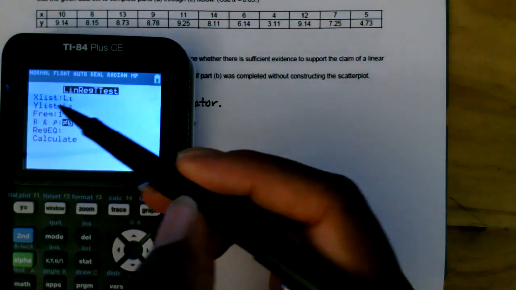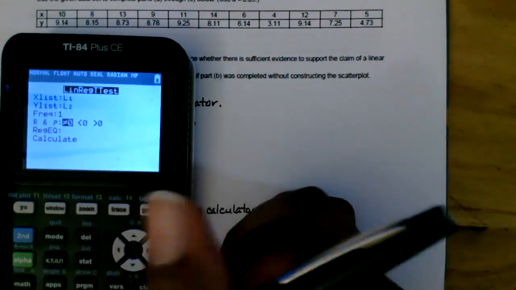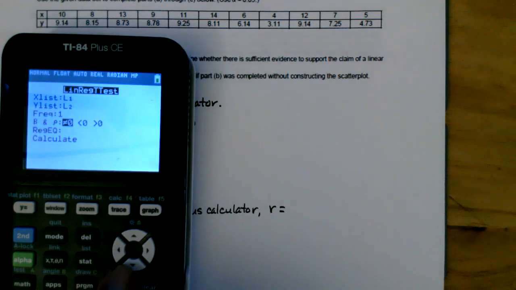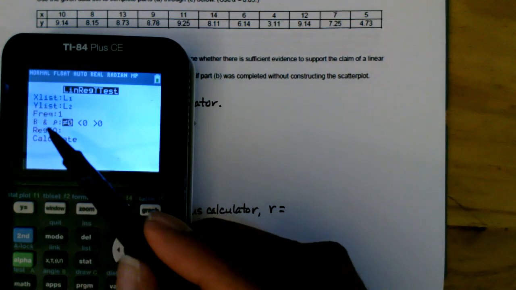Now press enter. XList is going to be L1. Again, you have to do second and then number 1 for L1 for your XList. And then for L2, that's your Y list. You have to do second L2 for L2 to show up. That's going to be your Y list there. Frequency is going to remain at 1. This is beta and rho in Greek letters.